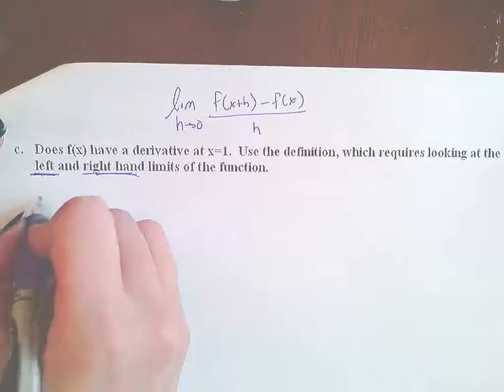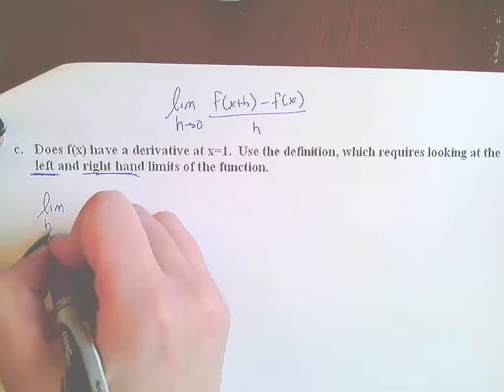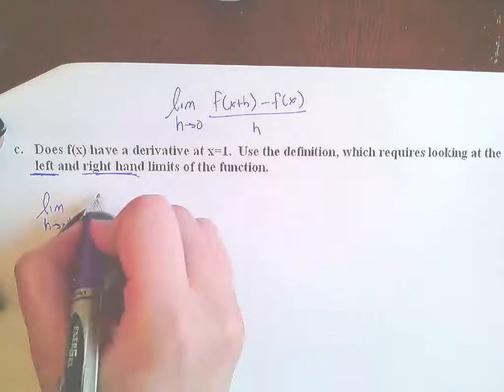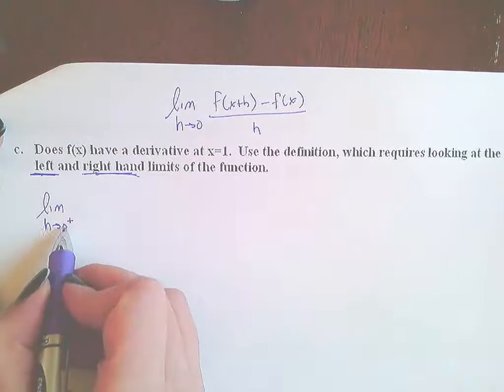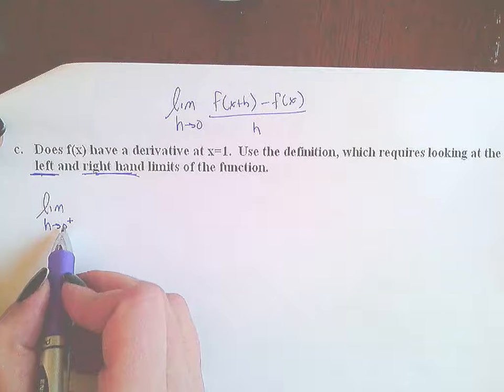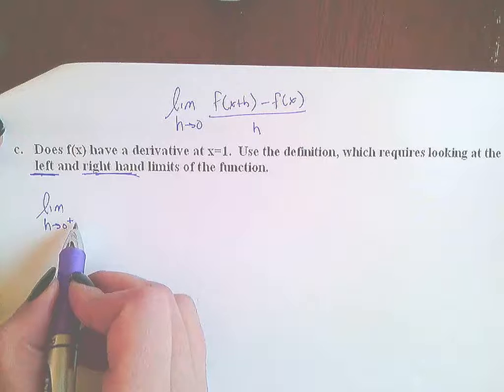So let's do them. So the limit as h approaches 0, I'm starting from the right. Because it's from the right, which function are we going to use? Because it's from the right, it's going to be in the positive direction.